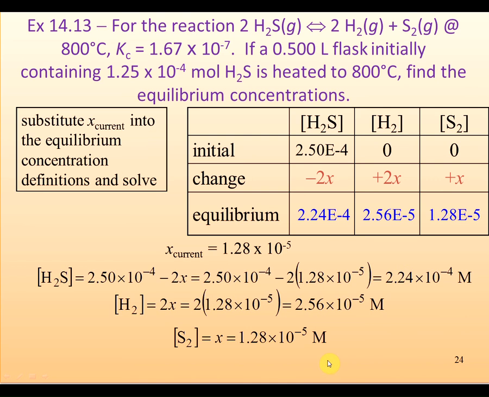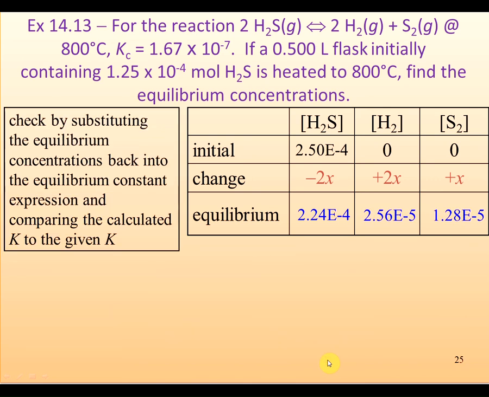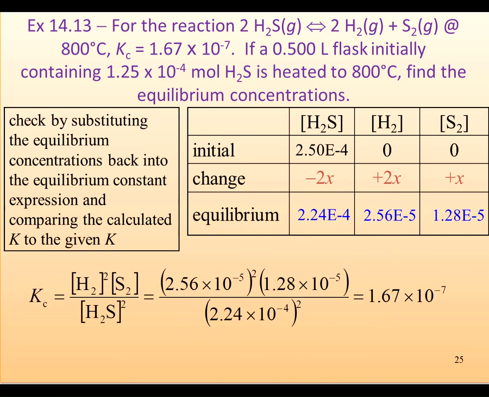Now we can plug those values back in to compare our K values. If we plug those in, we get a Kc value of 1.67 times 10 to the minus 7, and this agrees with our given K value. So this approximation using the successive method actually worked, and so we can feel confident with our answer.